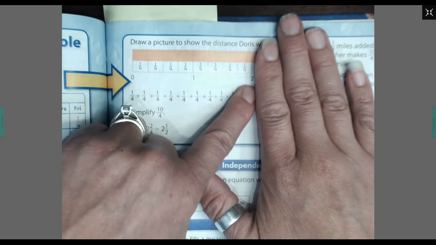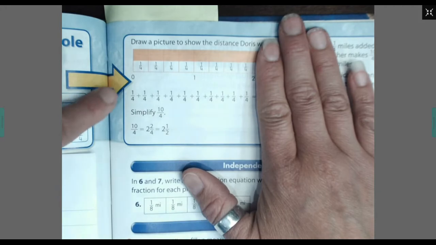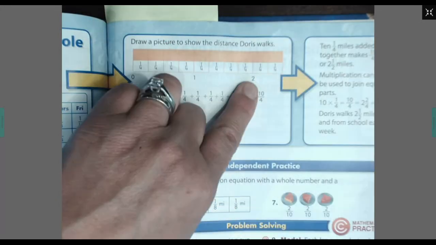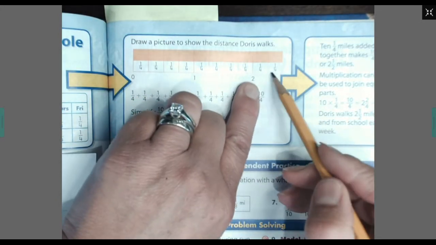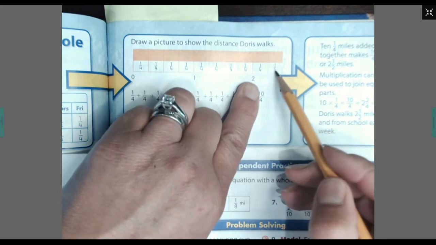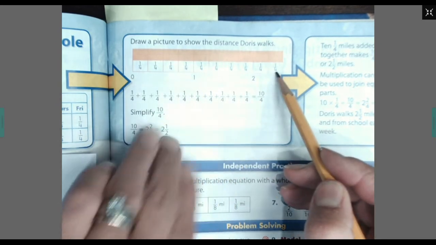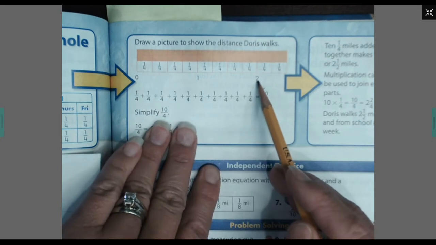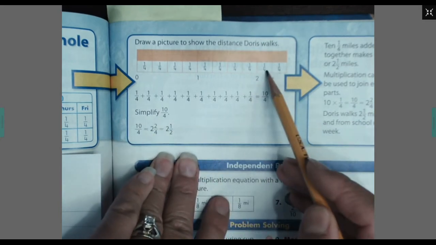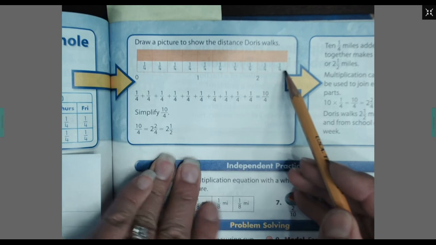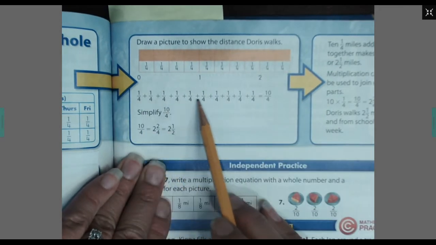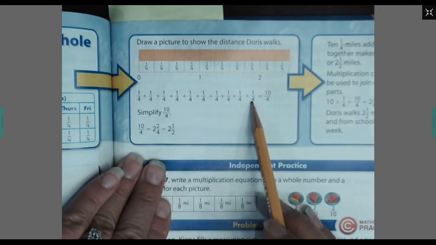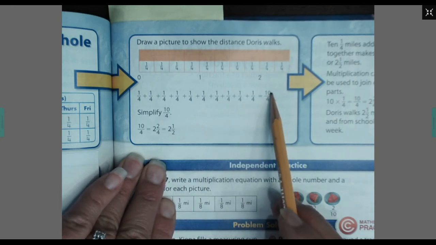So there's my 2, because I have 2 wholes now. But I had 10 1/4s. So we have 2 more. So I have my 2 wholes and I have 2 more 1/4s. So if I add up all those quarters, I get a grand total of 10 quarters.